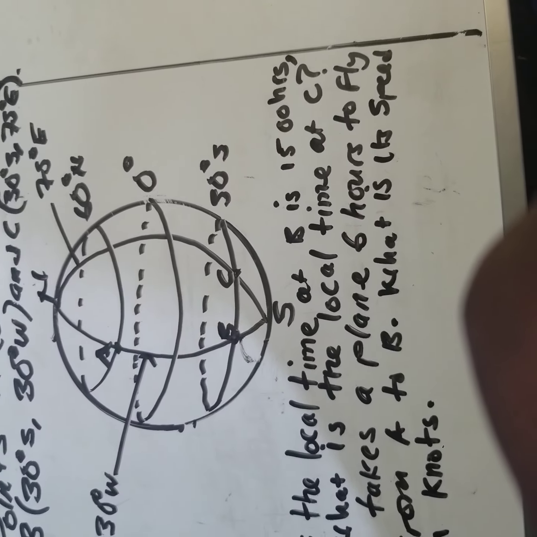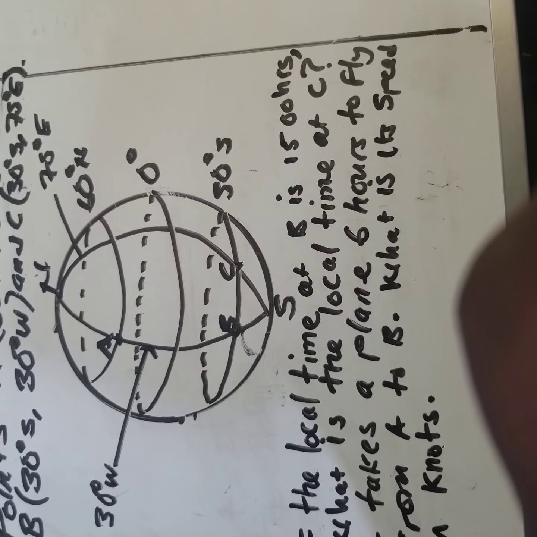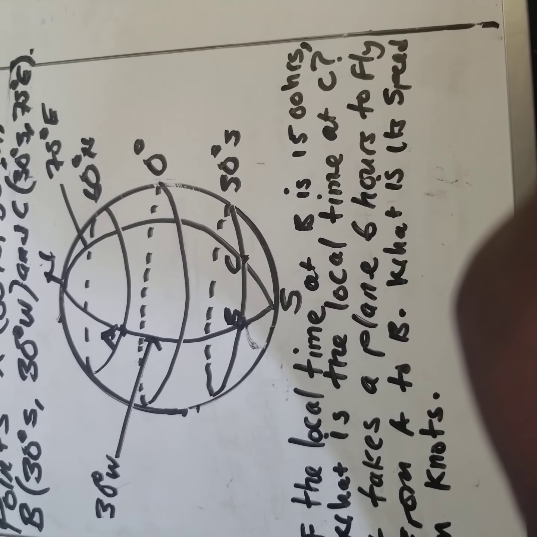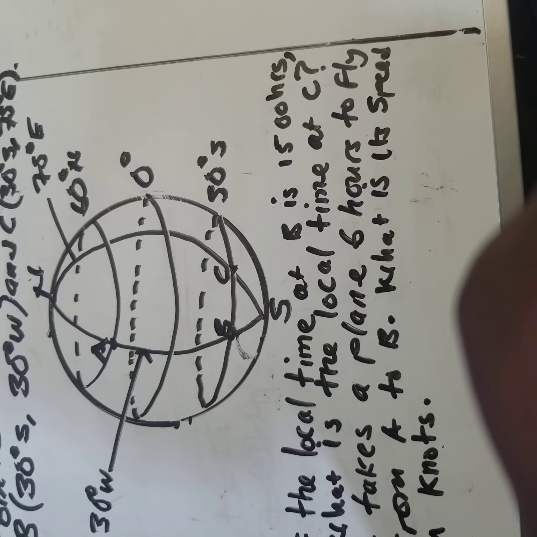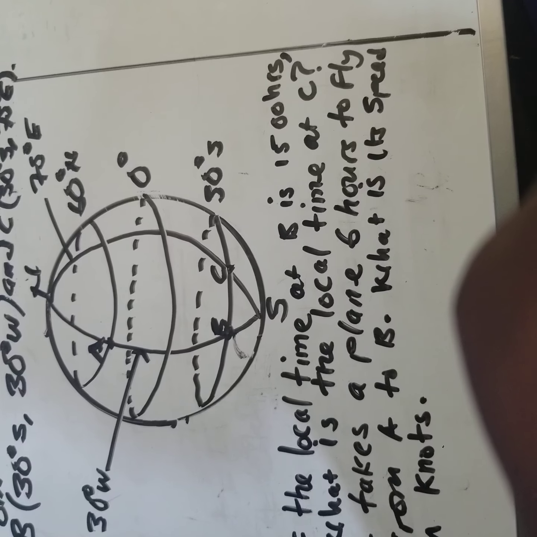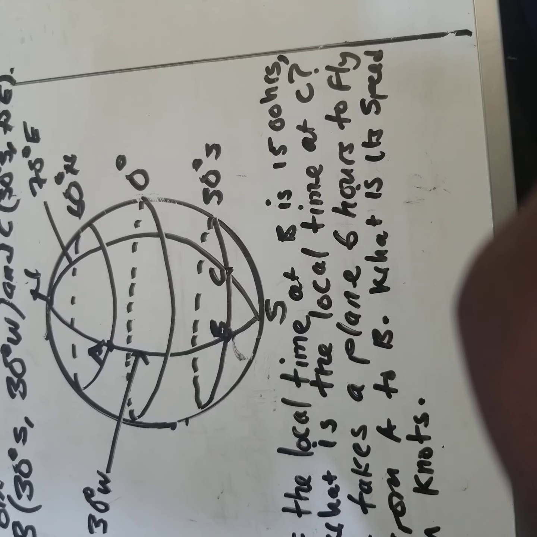The first thing that you need to do is calculate the difference in longitude. You have been given 30 degrees west, and instead they have been given 75 degrees east.